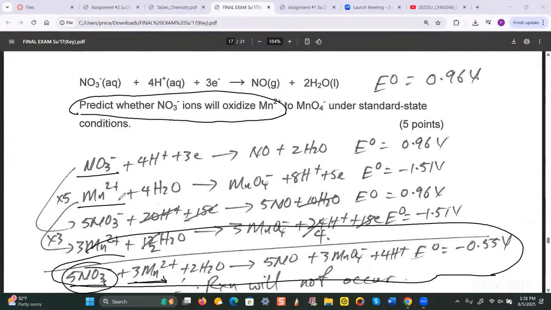So you have to add a statement to explain what your answer is. Okay. Right? But I decided to write it this way so that you can see directly that the nitrate will not oxidize the manganese 2+.